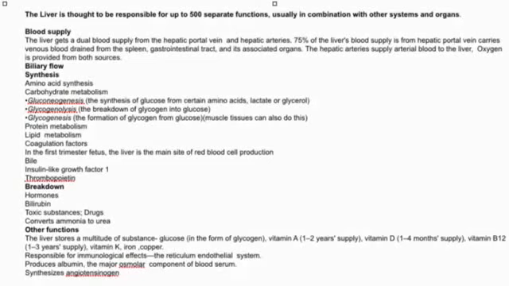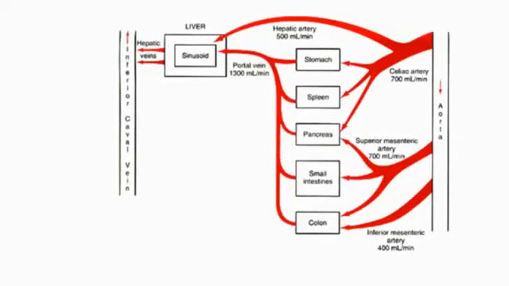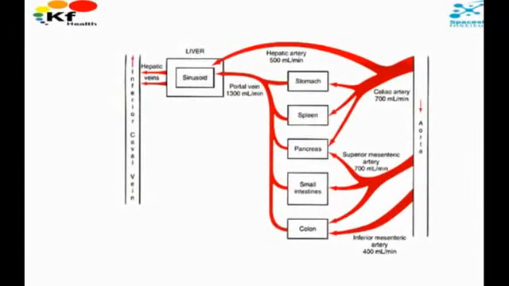So we start with the blood supply. The liver is supplied with blood from two systems: from the hepatic portal vein and from the hepatic arteries. The hepatic portal vein supplies the liver with 75% of its blood, and this blood is collected from all the splanchnic organs, the organs inside the abdomen cavity and the organs in the lower part of our body.